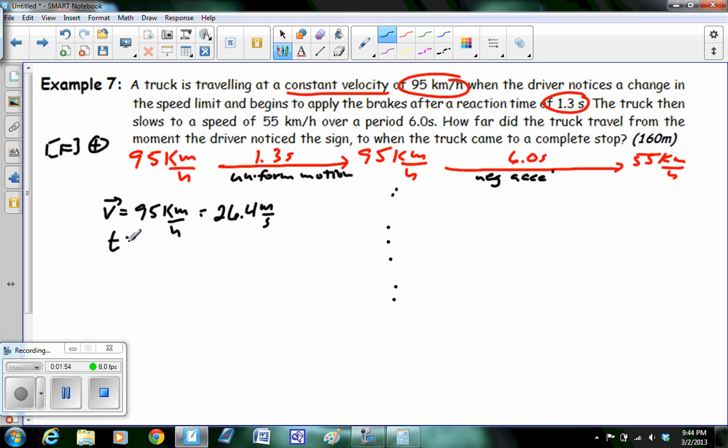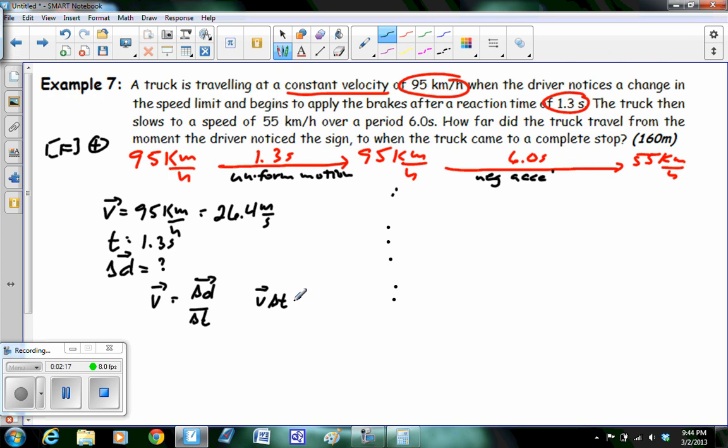And we travel for 1.3 seconds. And we're trying to find the displacement here. How far did we travel during that time? Well, in this situation, because we have a uniform motion, I can actually use the uniform motion equation. Remember, normally we cannot use this. So I'm going to solve for the displacement.